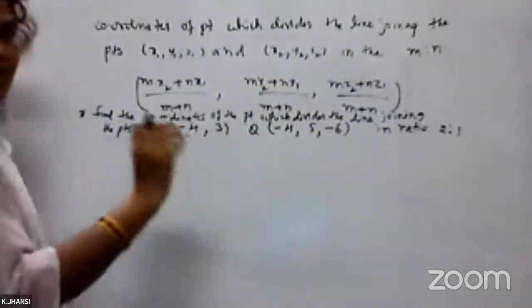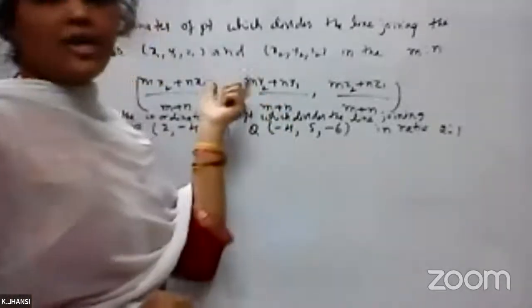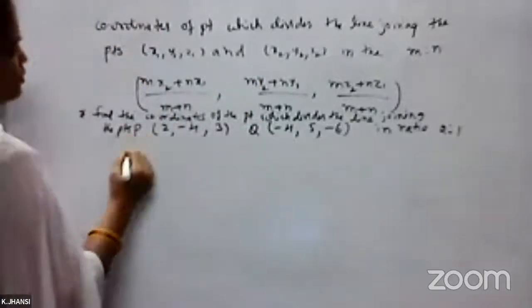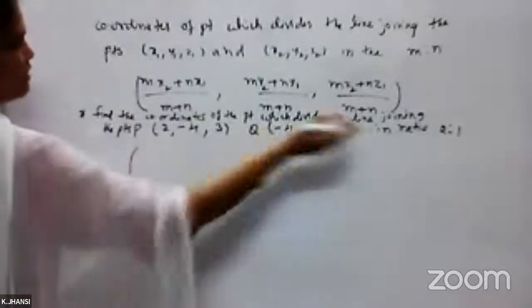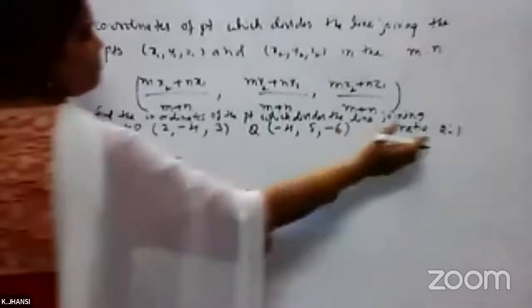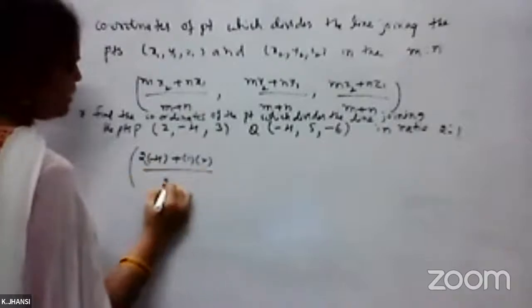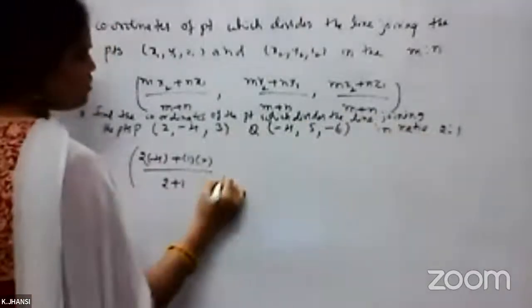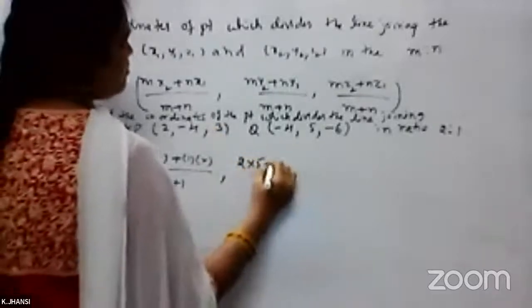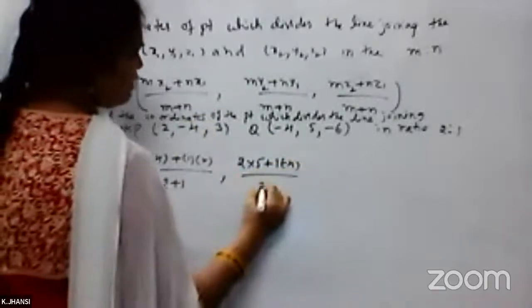It is not mentioned whether it is internally or externally, so whenever it is not mentioned, you directly take it as internally. So you write the formula: m into x2, m is 2, so 2 into x2 is -4, plus n, which is 1, into x1 which is 2, by 2 plus 1, m plus n. Comma, 2 into y2, y2 is 5, plus 1 into y1 which is -4, by 2 plus 1.